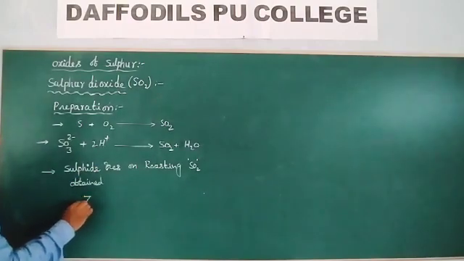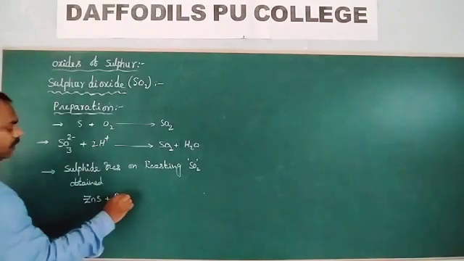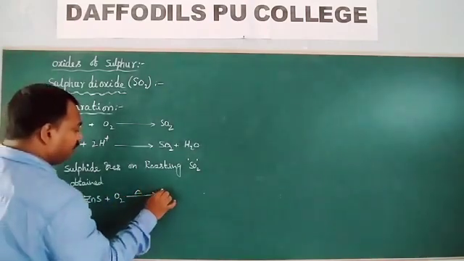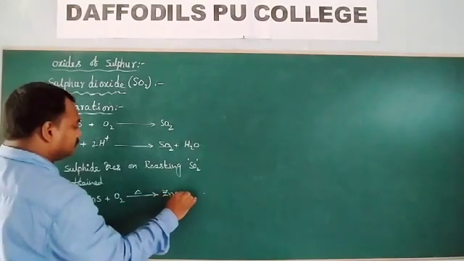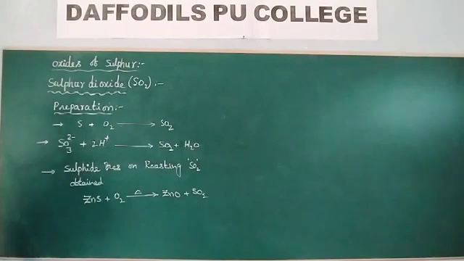Take some sulfide ore, zinc sulfide. On roasting, meaning on burning with oxygen, you will get zinc oxide and sulfur dioxide.